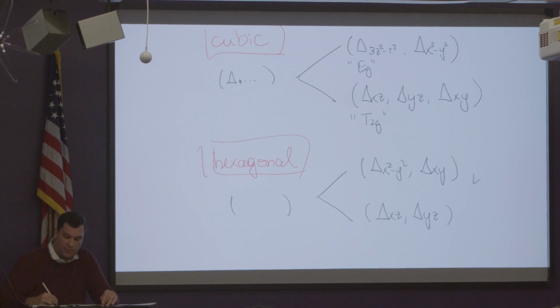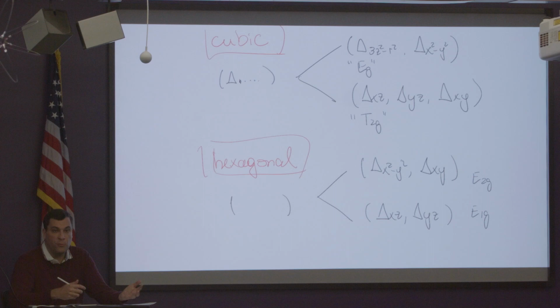These go by the names E2g and E1g, but it doesn't matter, these are just names. Also in a hexagonal system, if you have D-wave superconductivity, it's going to be multi-component. And now you see why this topic appeared when we talked about twisted bilayer graphene and other systems, because they're hexagonal, and there are theories where they are D-wave and so on.